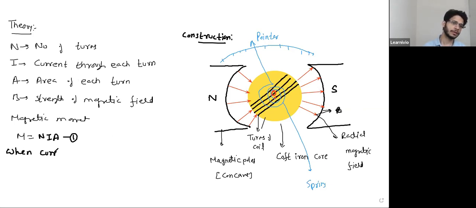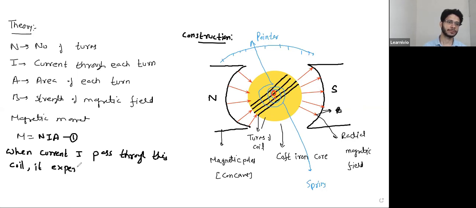When current I passes through this coil, it experiences a torque. And that torque is MB sin 90.